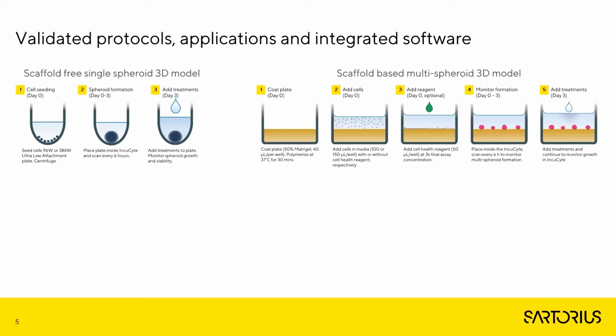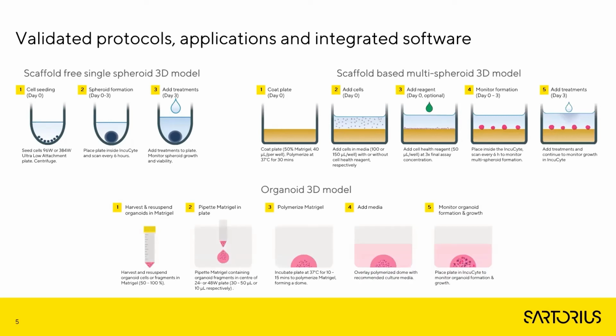Here is a scaffold-based model of multispheroids formed on a base of Matrigel in a 96 well flat bottom plate. It's the lack of standard spheroid size in this model, as well as morphology, that's very characteristic. Spheroids are much smaller. They form and grow by natural aggregation on or within an extracellular matrix that closely mimics the tumour microenvironment. And this final model describes organoids cultured in Matrigel domes within 24 or 48 well flat bottom plates.